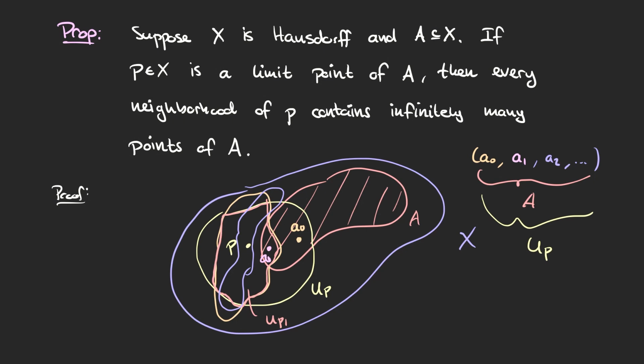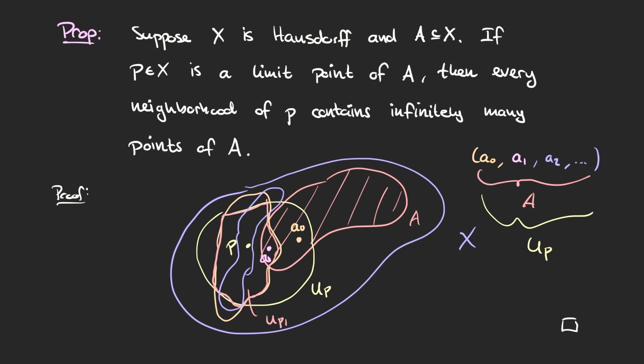So all of the points will lie in UP as well. Now, this is precisely what we need in order to show the statement, because we've chosen some arbitrary neighborhood UP, and now we've constructed this sequence of distinct points in UP, which also lie in A. And so in particular, UP contains infinitely many points of A.